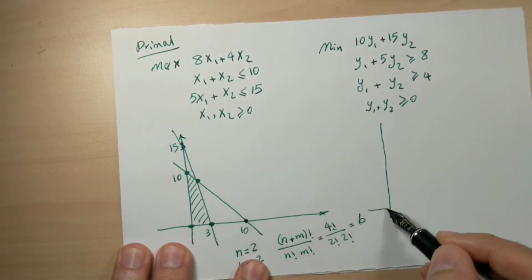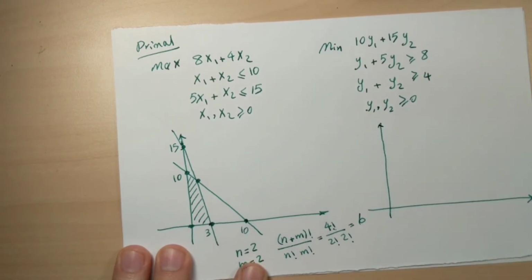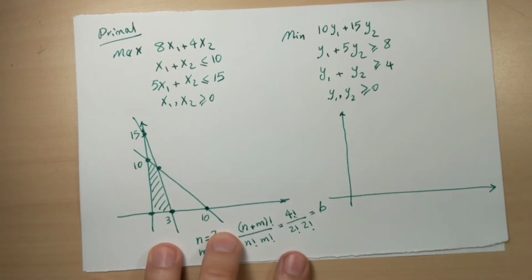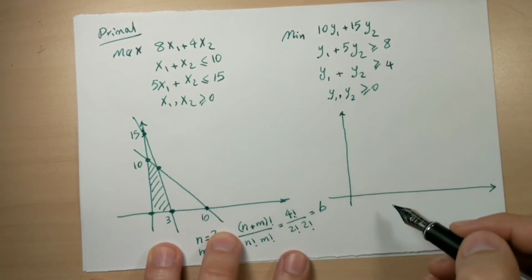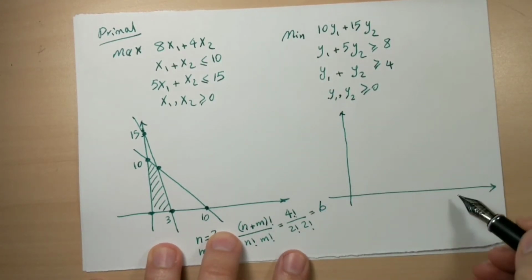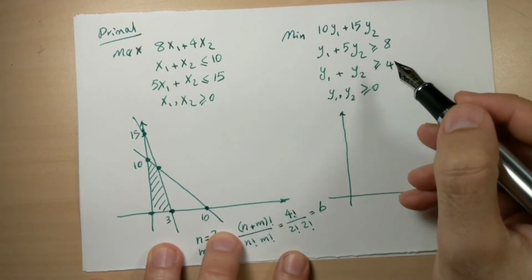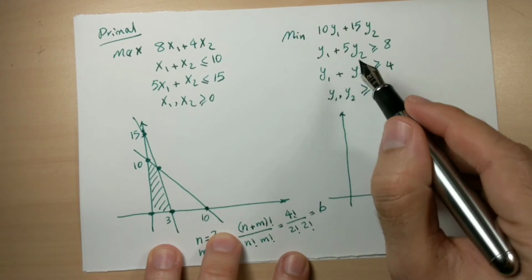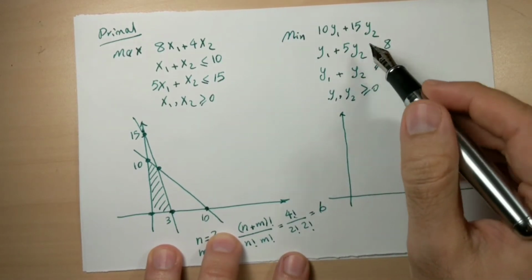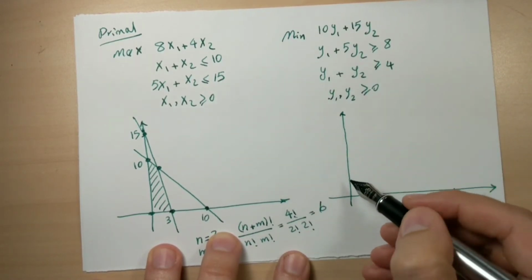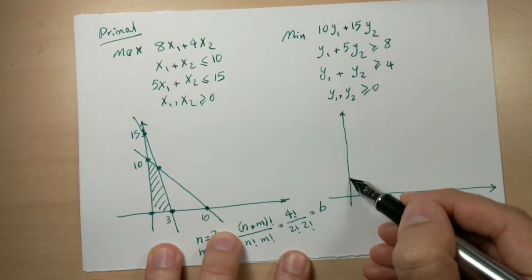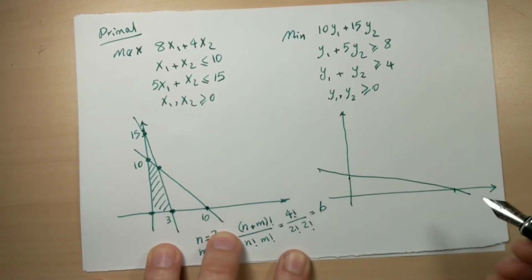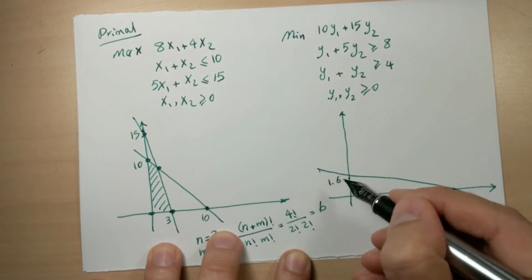Let's draw the graph of this problem as well. The first constraint: y1 is 8, y2 is 1.6, 8 divided by 5. This is 8, this is 1.6.